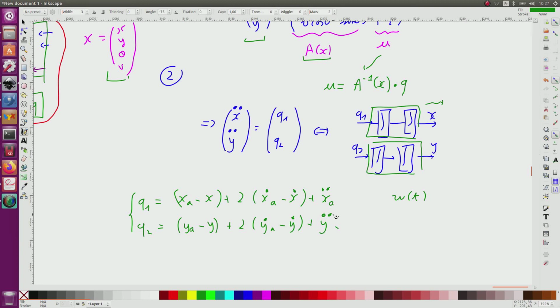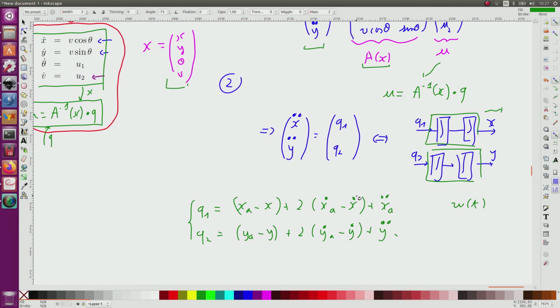Now I know that the values of x dot and y dot are given here and here. So this corresponds to v cos theta and this one to v sine theta. So I know u with respect to x and q, and I know q here and here with respect to x, and the desired position I want for my robot will correspond to the attachment point.